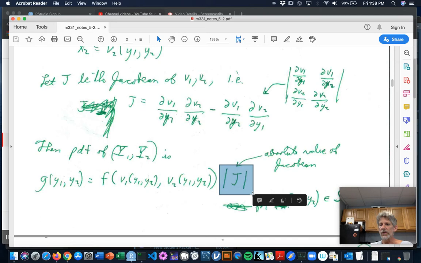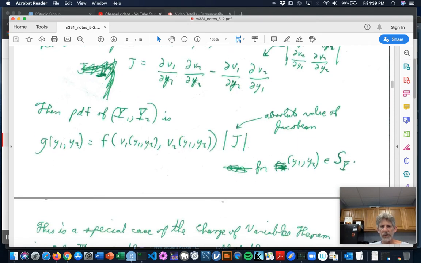Here it is the absolute value of the Jacobian. So the Jacobian is painfully like a derivative, like a full-fledged derivative. It's composed of these partial derivatives. Together, they make something that's like a full derivative, and that idea can be made more precise in advanced calculus. And anyway, that's going to be good for all the y1, y2s in the support of this new bivariate scenario.